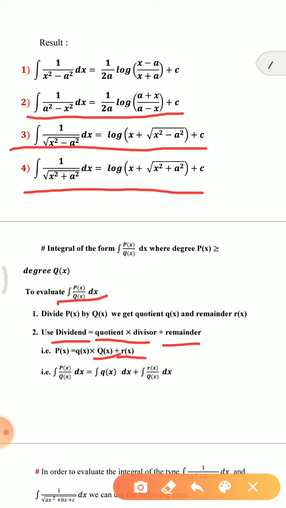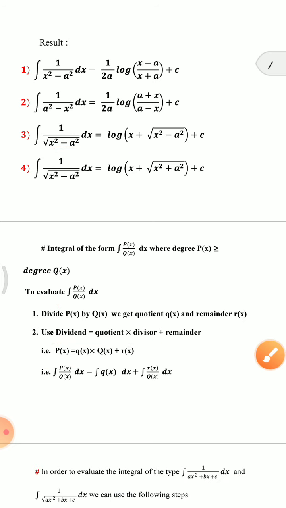That means integral p(x) upon q(x) dx is equal to integration of q(x) dx plus integration of r(x) upon capital Q(x) dx. We have to convert the integral in this way.